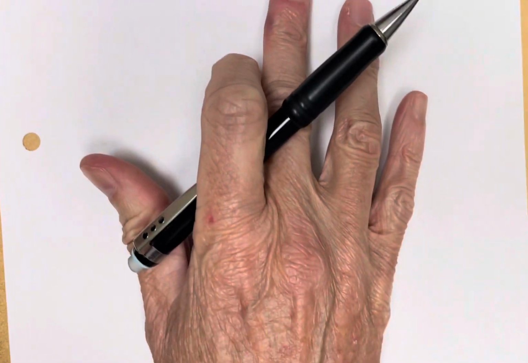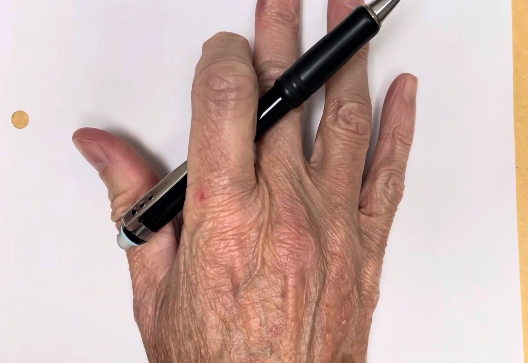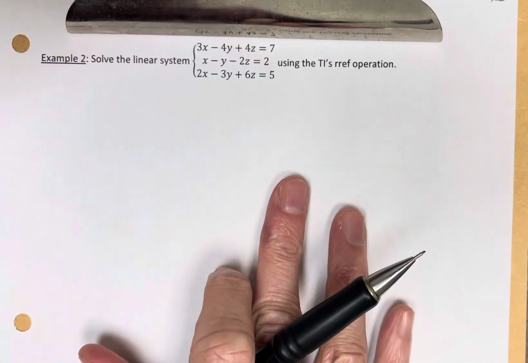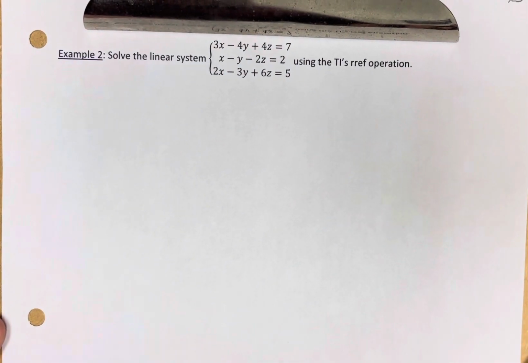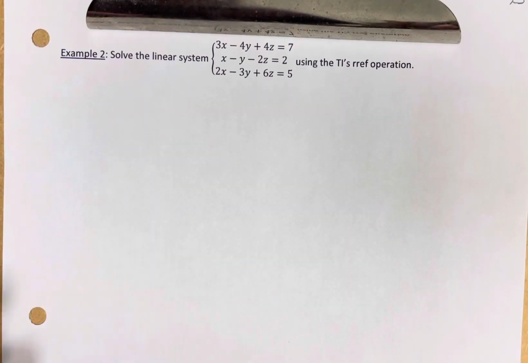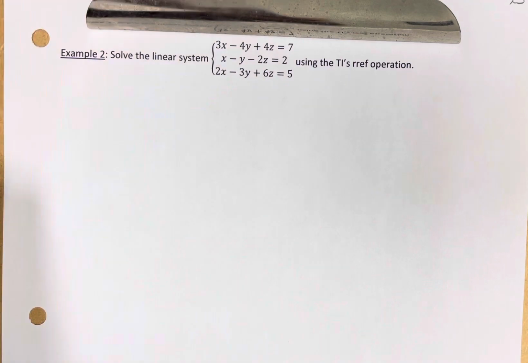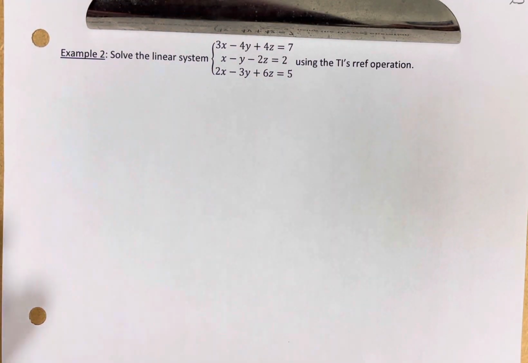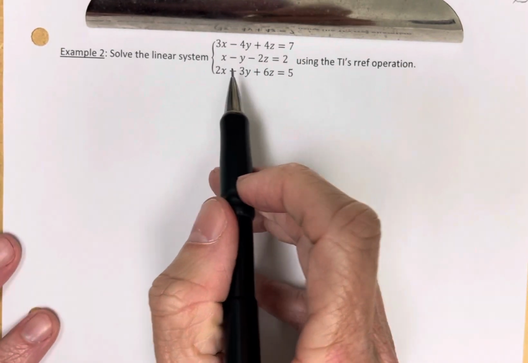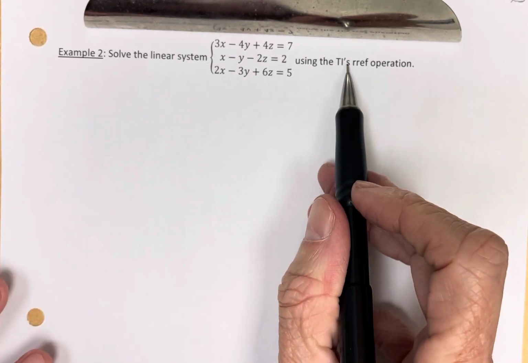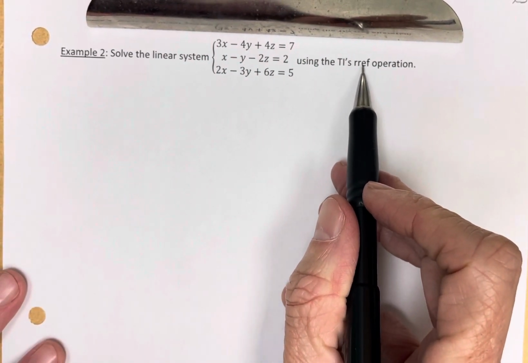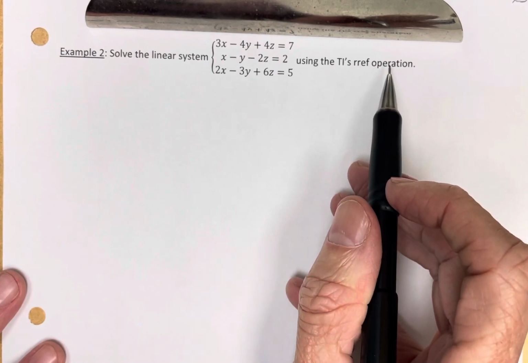Okay, let's take a look at one more example. Whoops, wrong paper. For dependent systems in which we have infinitely many solutions. Okay, so here we are. And I'll do this one with the shorter cut on my calculator. Give me a moment here to get my notes set up. There we go. Okay, so we want to solve this system, again, using the TI's row-reduced echelon form operation.